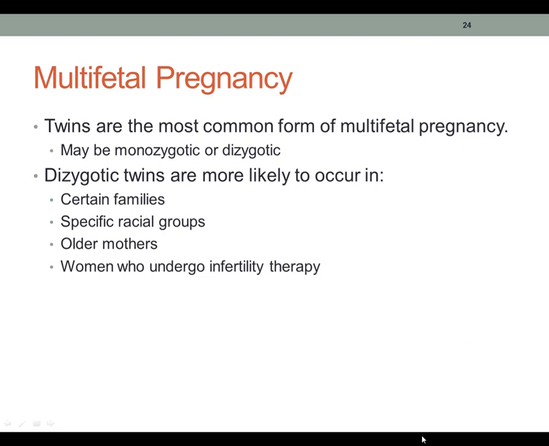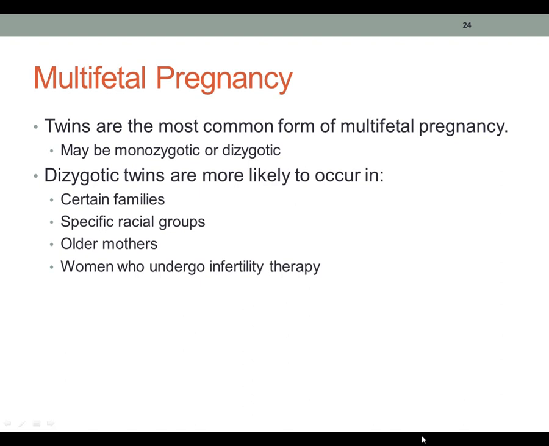Now, a dizygotic twin is a fraternal twin, and this is where two eggs are fertilized by two different sperm. And these twins are no more similar than any other siblings. It's just like they were two different babies that just happened to be born at the same time, but they're completely different.